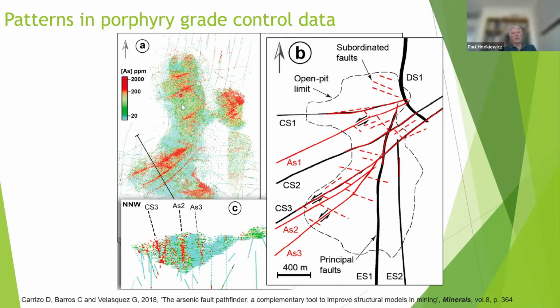So this is over, I think it's close to 600,000 blast hole samples in this case. You can see the scale here. And they identified this whole array of northeast striking veins that they couldn't map. They could only map a few in the high walls because that was the only place where they could do any scanning.